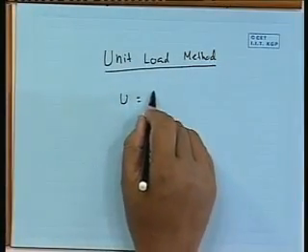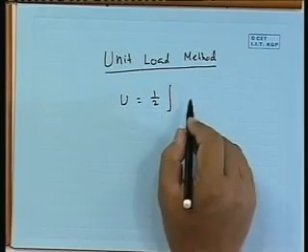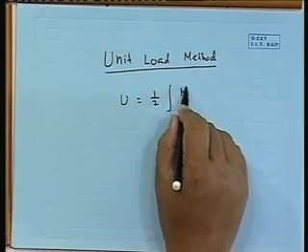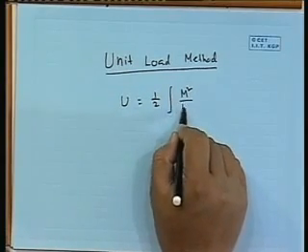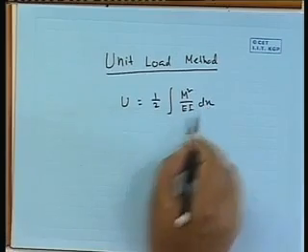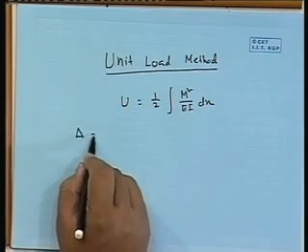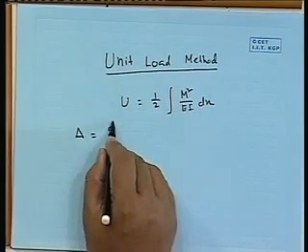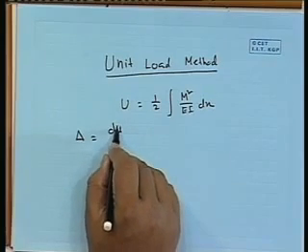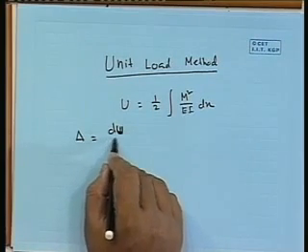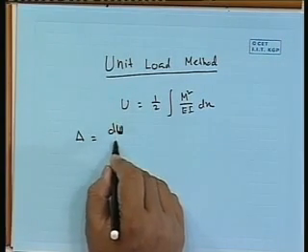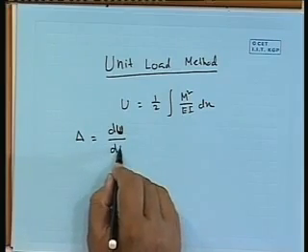in general U equal to half integral M square by EI dx. So, delta, we are trying to tell, this is dU by dP.